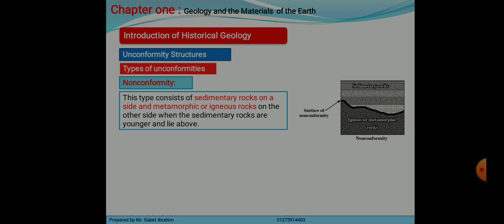So, nonconformity is a type that consists of sedimentary rocks on one side and igneous or metamorphic rocks on the other side.